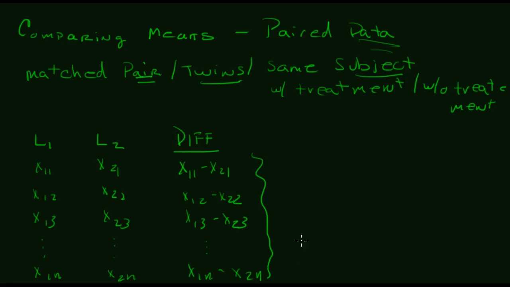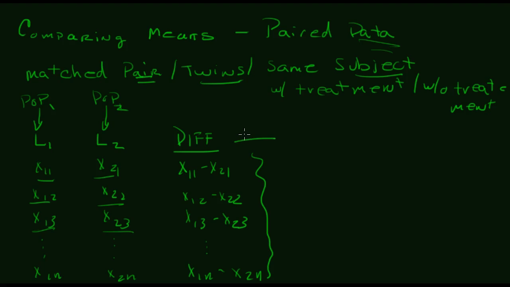And this gives me a single reality. What I'm envisioning is that this is the population of one half of the twins, and this is the population of the other half of the twins, and this is the difference of the values between selected twins within that population.